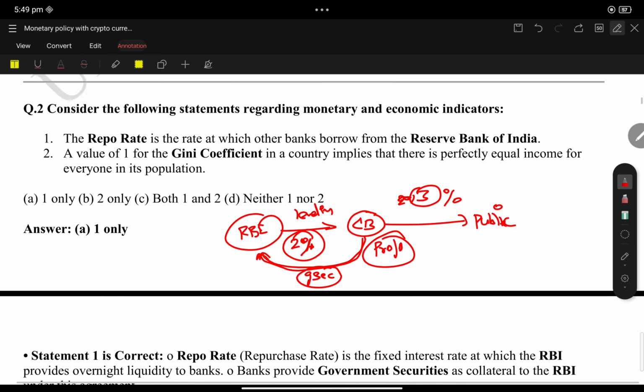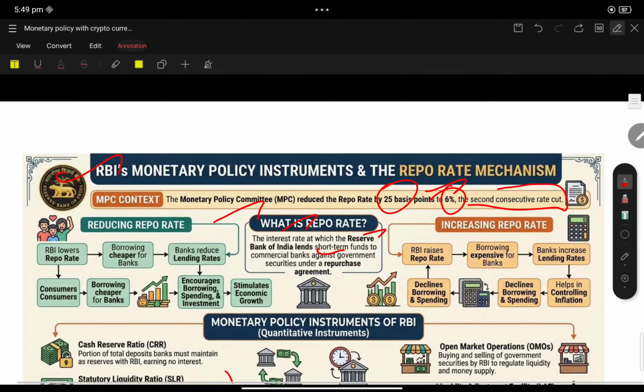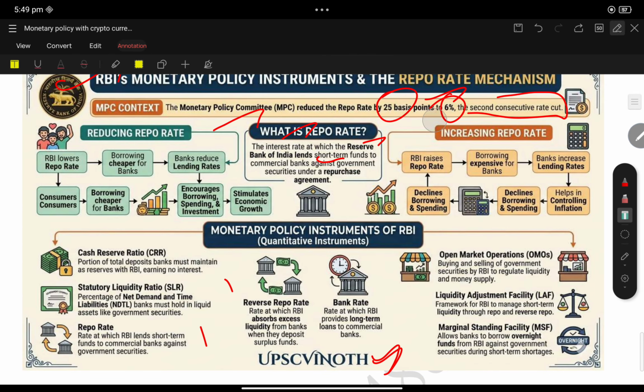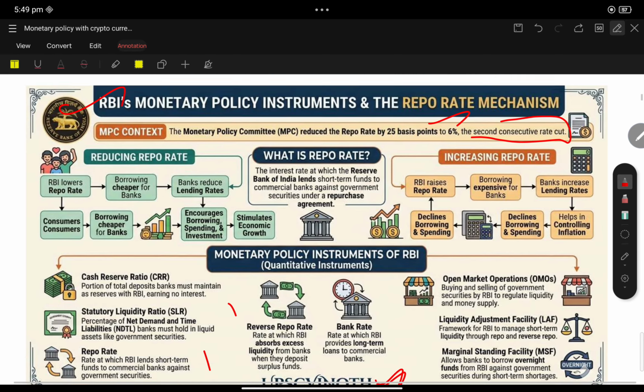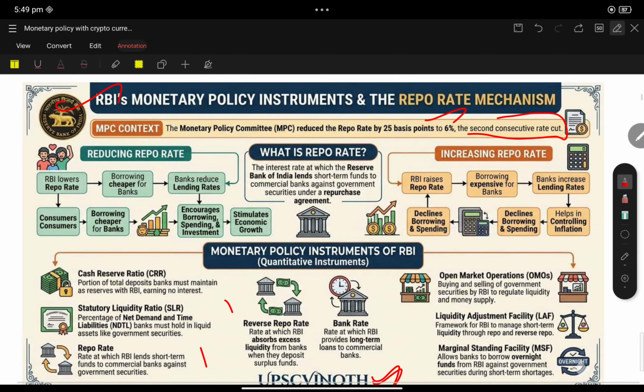Now you can understand the effect of the repo rate. If the repo rate increases, the interest rate of the commercial bank also increases. When the repo rate decreases, the lending rate also decreases. Let us come to the conclusion. When the repo rate reduces, which is good news, banks reduce the lending rate.